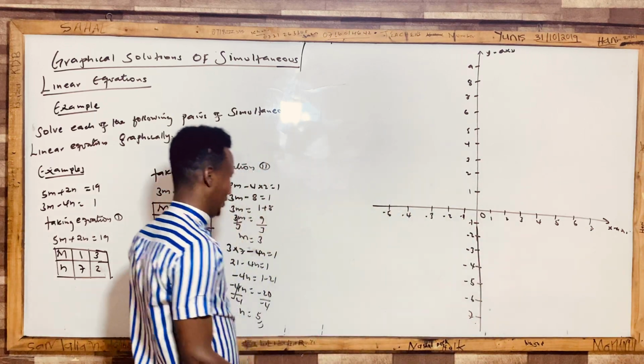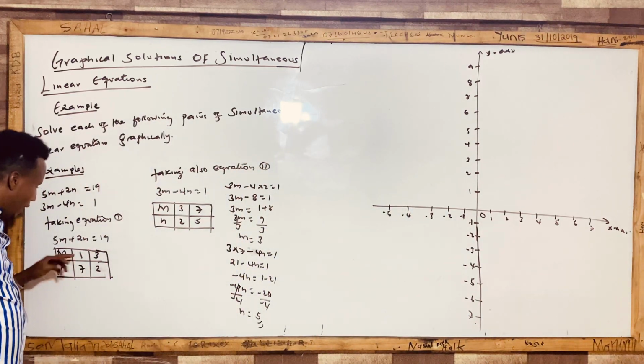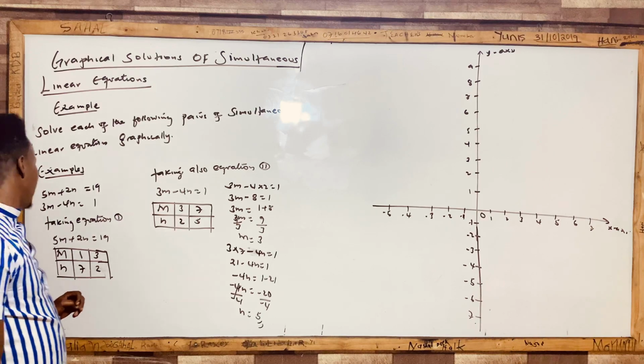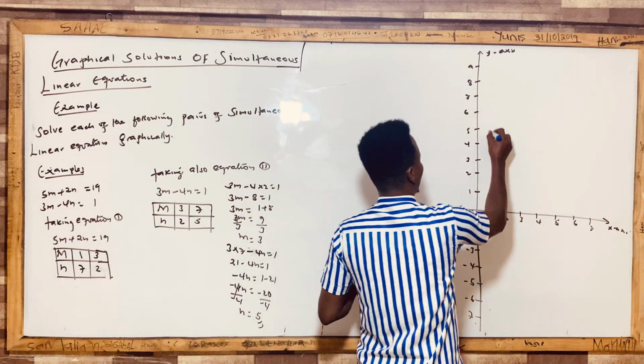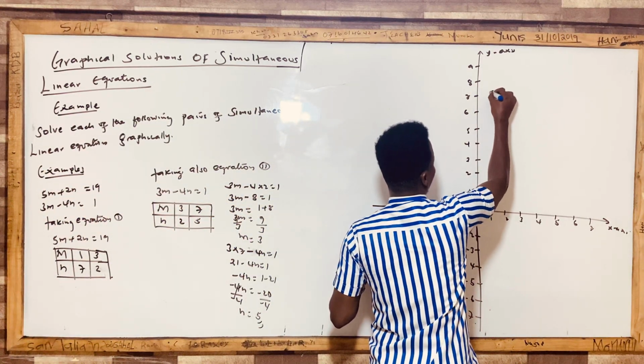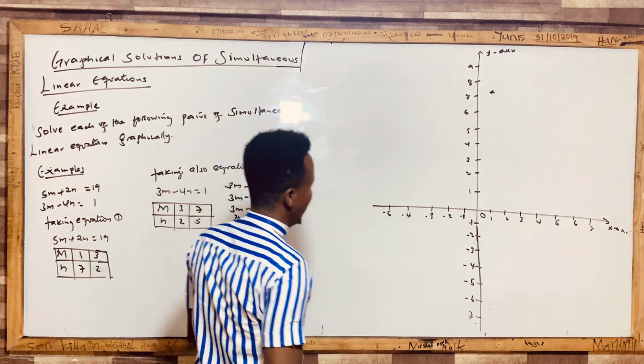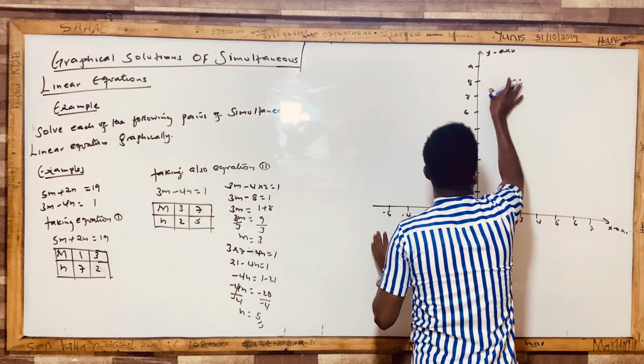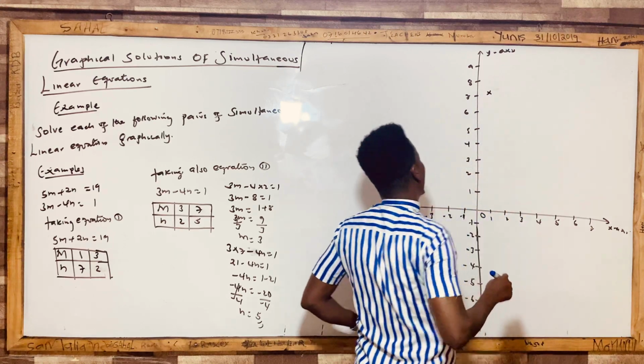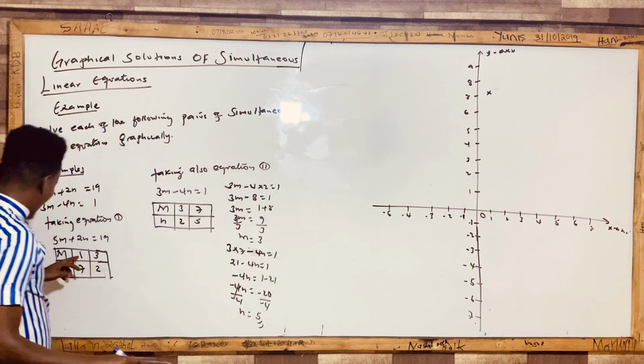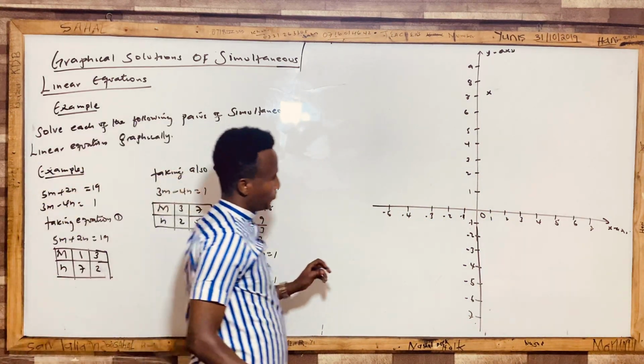This is the origin. Now, when m is 1, n is 7. 1, 7. Go up here and this is the point. Great. Then, when m is 3, n is 2.